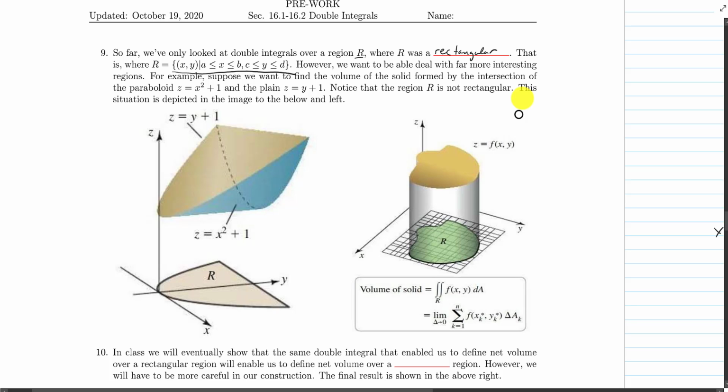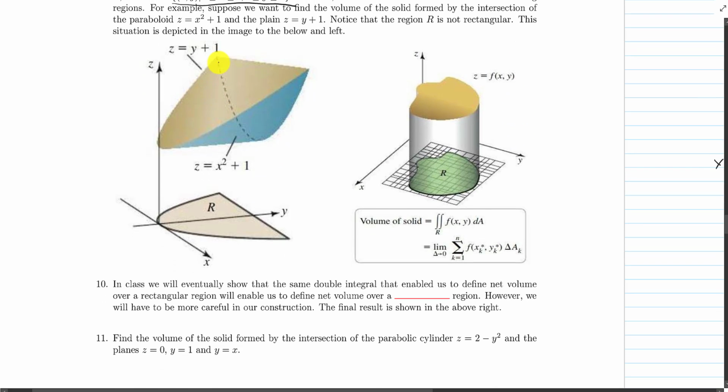But what if we had this question right here, where we want to compute the volume of this surface, and this surface is formed, in this case, by taking the parabolic cylinder and then intersecting it with a plane up to some x coordinate here. But the point is that if you take all the points that would be in this solid shape, they would all have corresponding xy values coming from within this region R here.